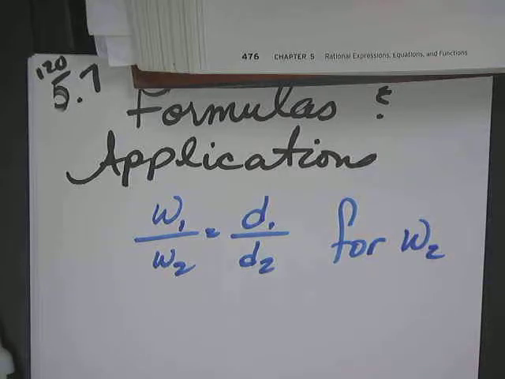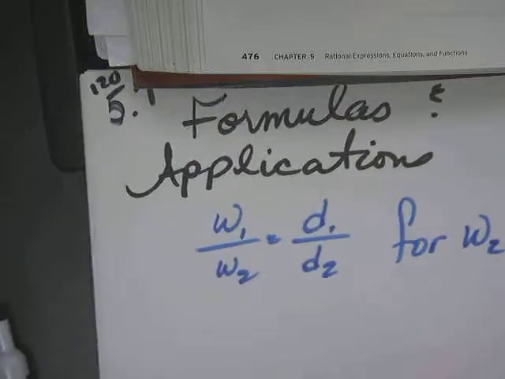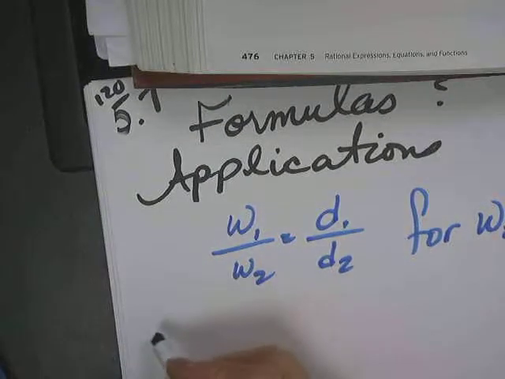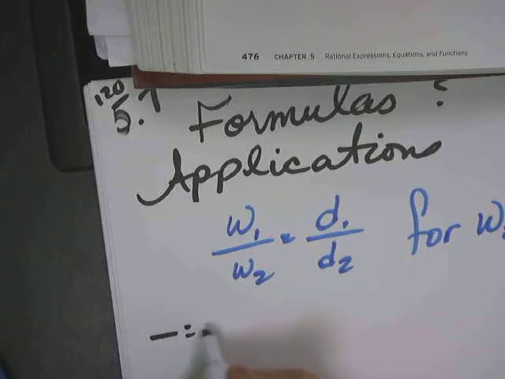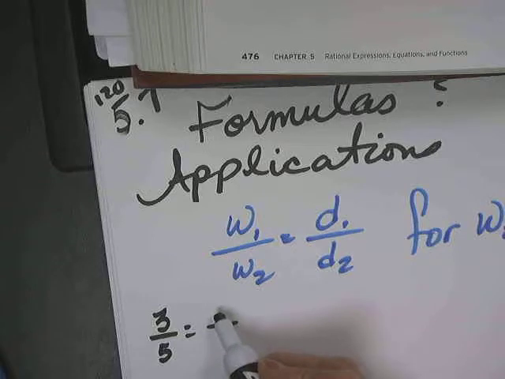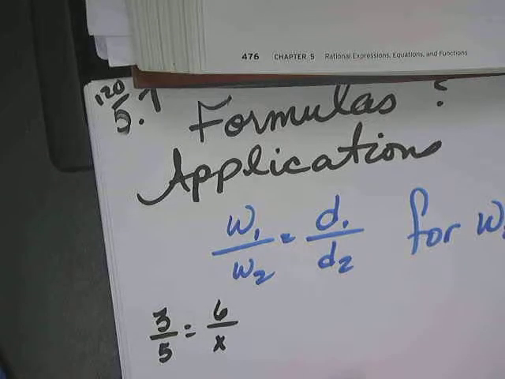A good thing about proportions, do you remember how you multiply and divide? Remember when we had like 3 over 5 equals something like 6 over x? Remember these were equal?